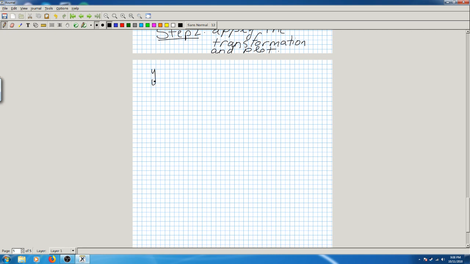So when we talk about the vertex form, y equals a(x minus h) squared plus k, if you notice, the vertex form is actually littered with a bunch of transformations in it. The transformations in detail are things like this: x squared plus k, let's say.